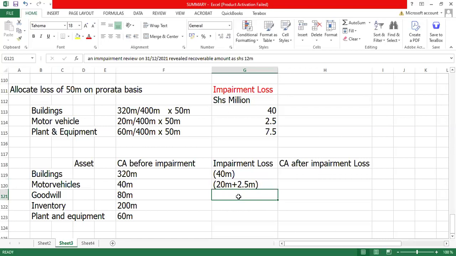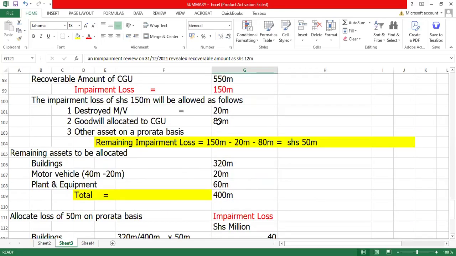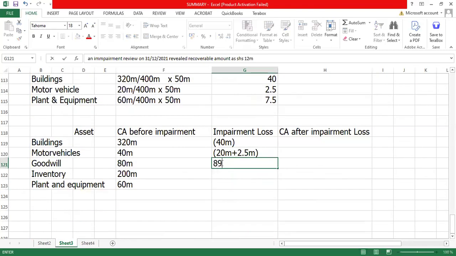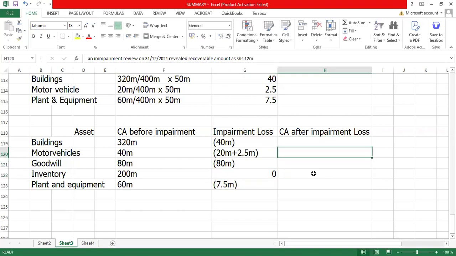Then goodwill, we allocated everything, 80 million. Then this is also in bracket. Then inventory, nothing. Then plant and equipment, 7.5 million. So finally, what will be your carrying amount after loss?